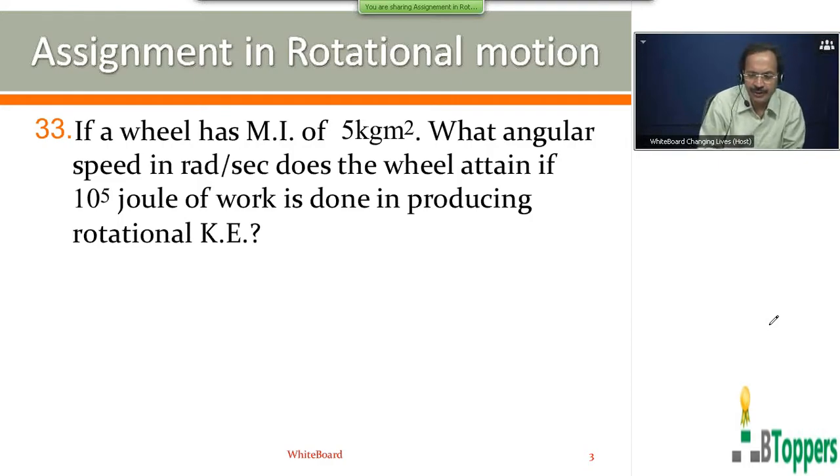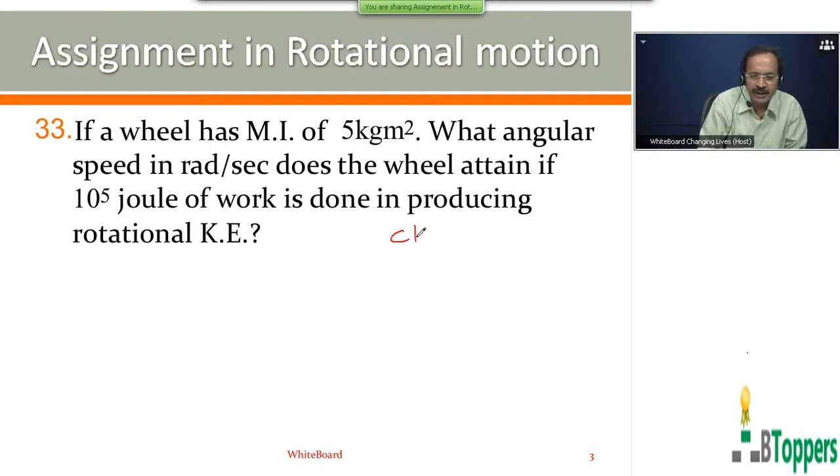See question number 33. The wheel has a moment of inertia of 5 kg meter square. What angular speed in radian per second does the wheel attain if 10 power 5 joule of work is done in producing rotational kinetic energy? So you can apply the work energy theorem.